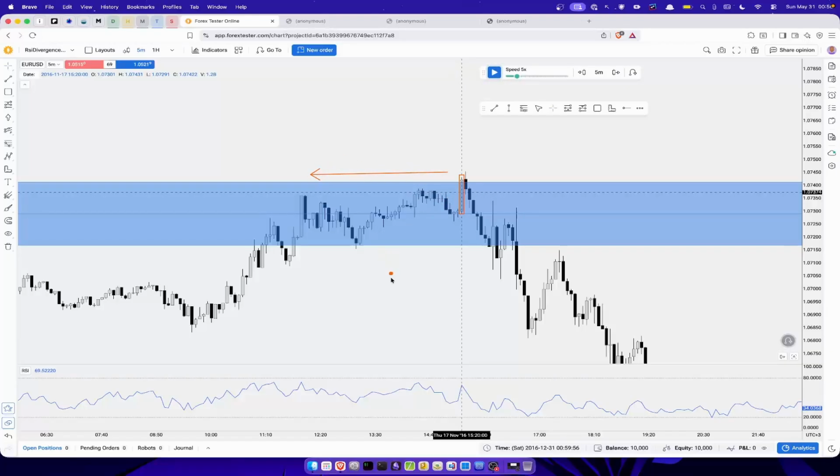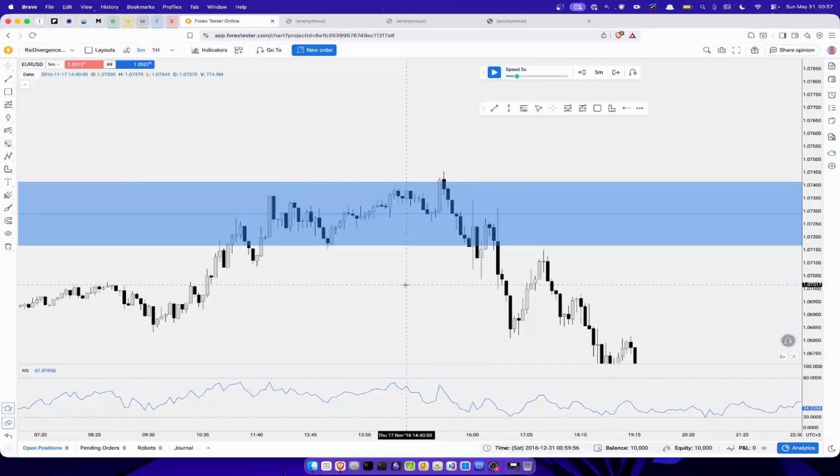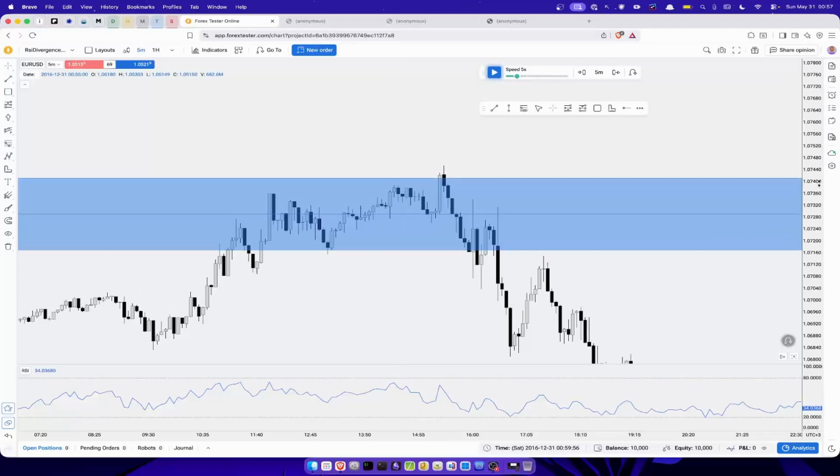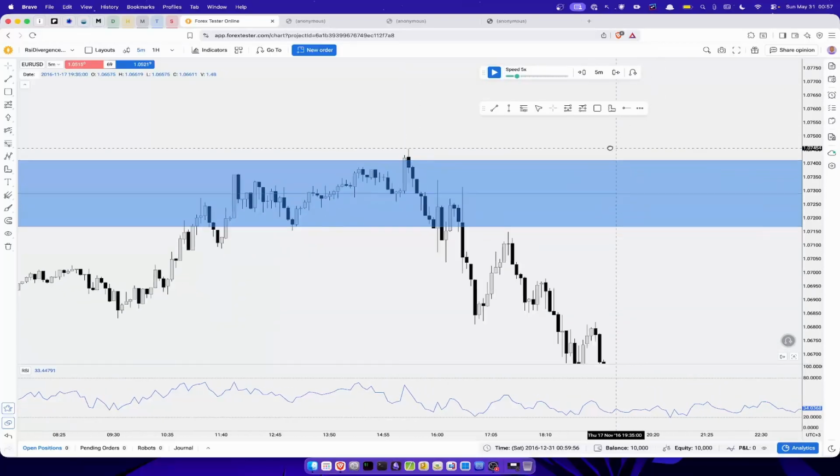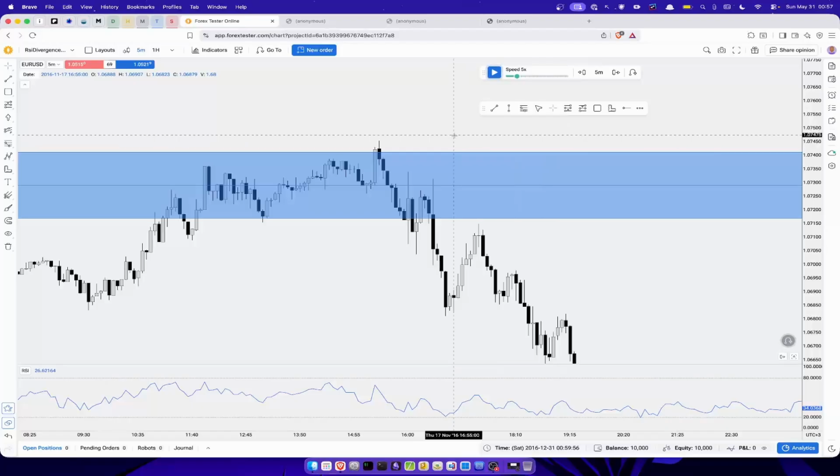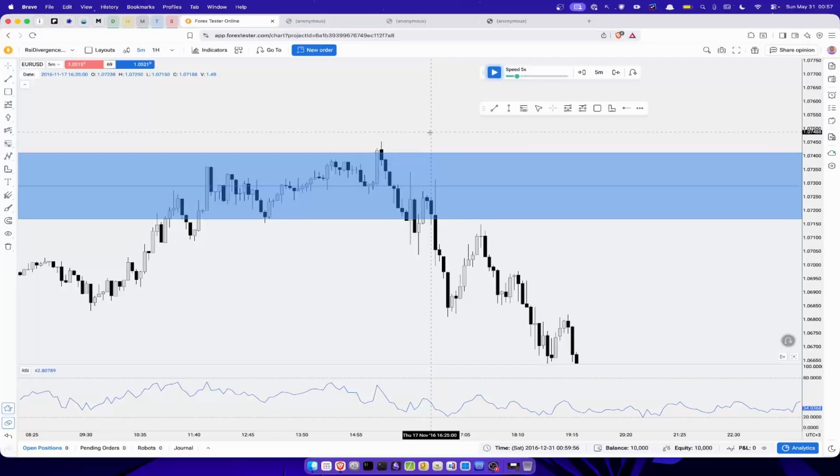So since it's an objective measure, of course dependent on your settings for the indicator, that's something that I can trust more than my subjective observations. Of course, I still need to observe the market dynamics, but in that case, I tend to depend on elements or aspects that are irrefutable.